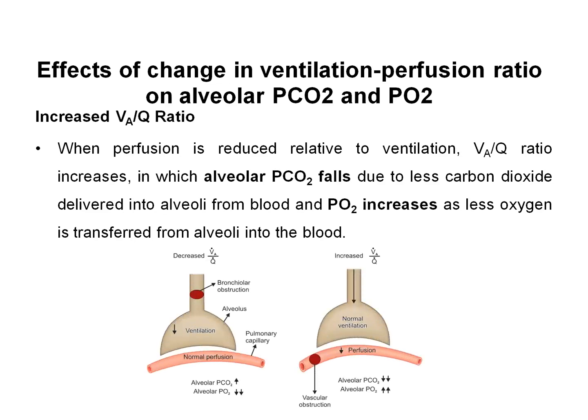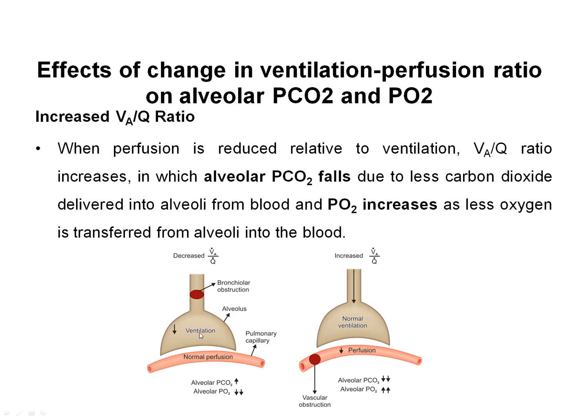So these will be the changes which are often seen. This is the decreased ratio. Suppose there is a bronchial obstruction, and this is an alveolus, this is an artery, the pulmonary capillary. If there is an obstruction, it will definitely decrease the ventilation. And if it is decreasing the ventilation but the perfusion is normal, then it will create an increase in PCO2 because it is not able to give out the carbon dioxide.